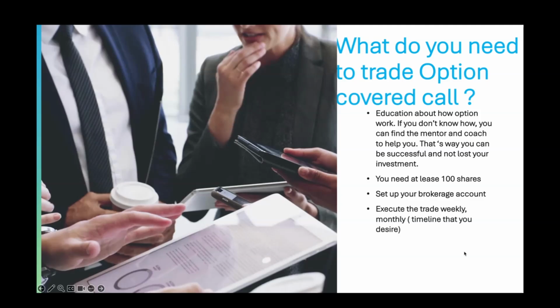When I do the math, weekly options make more sense to me. And of course, the final reason why we trade option covered calls is so you can collect the premium and cash flow from this strategy.